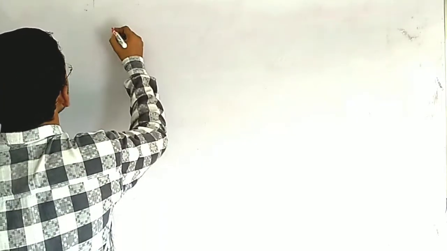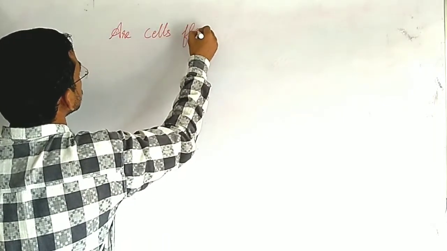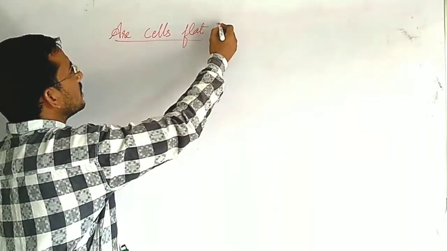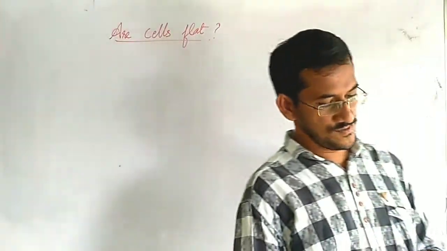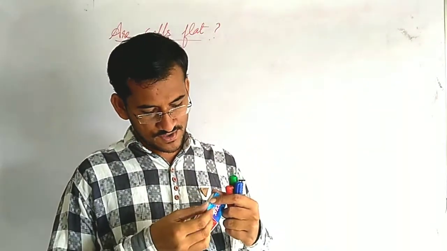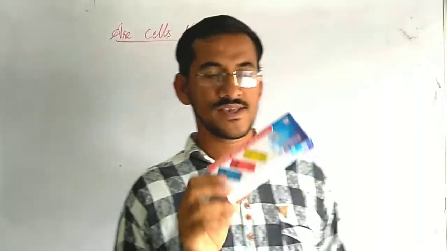Next topic is, are cells flat? No. See, this is a box. I am giving you an example. If I tell you to draw this box, how will you draw it?